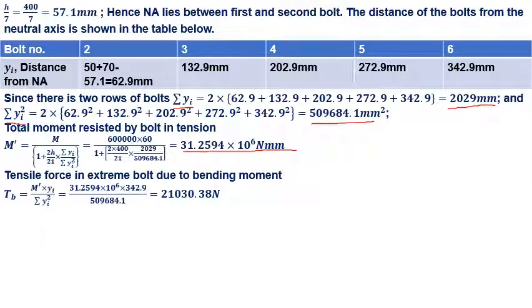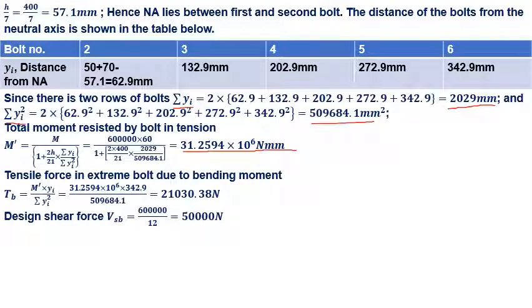Tensile force carried by the extreme bolt due to bending moment is calculated as TB equals the total moment carried by tension bolts multiplied by yi, the distance of the extreme bolt from the neutral axis, upon summation of yi square.